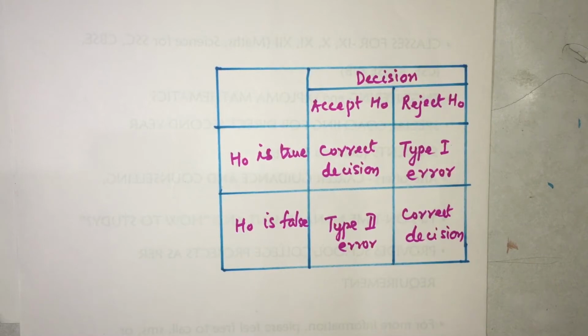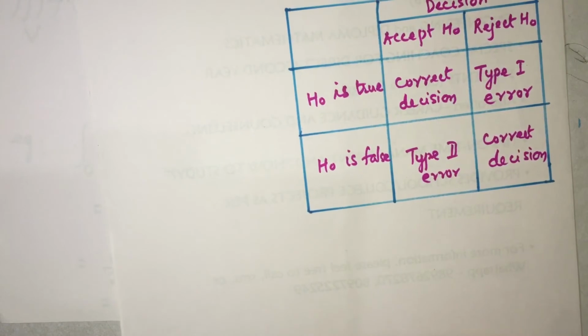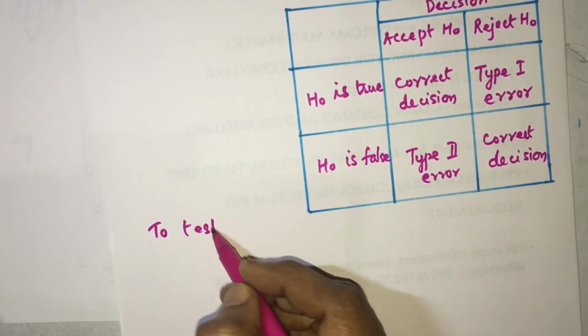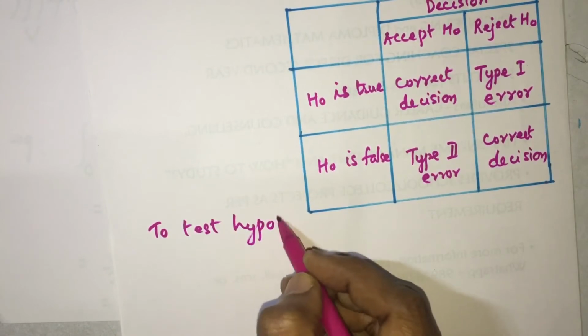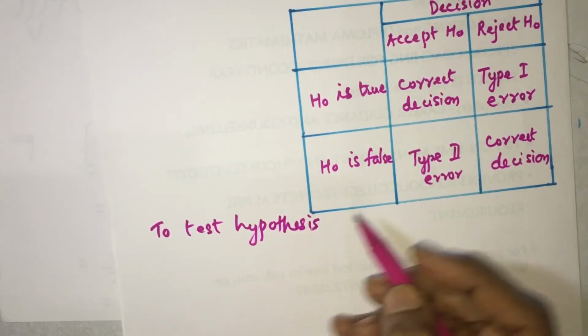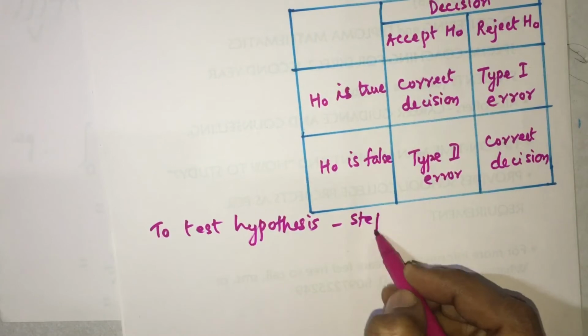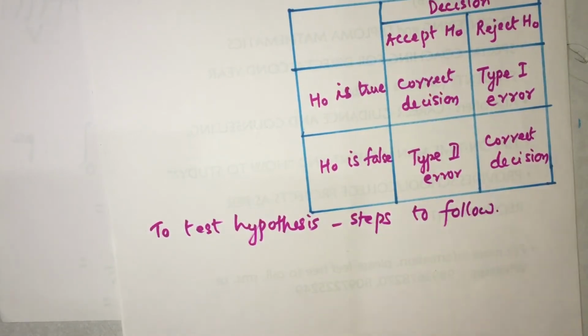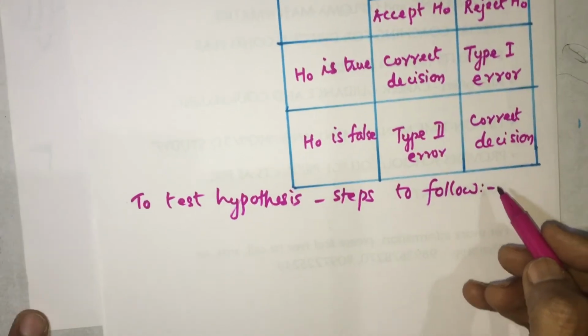Now to test a hypothesis, we may need to define certain things. While testing hypothesis, we have some steps. What are the steps to follow while doing a testing?